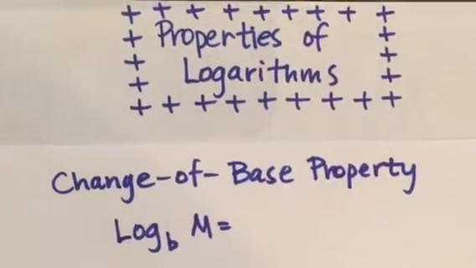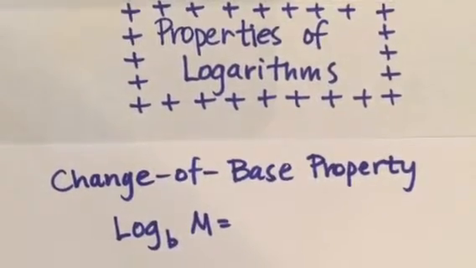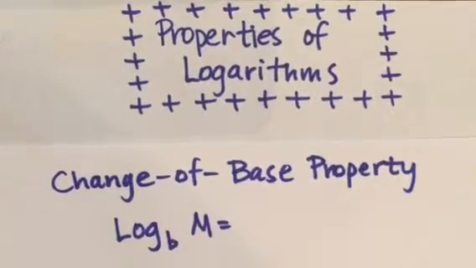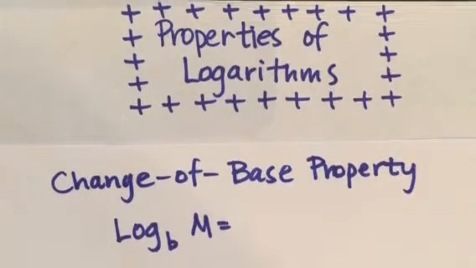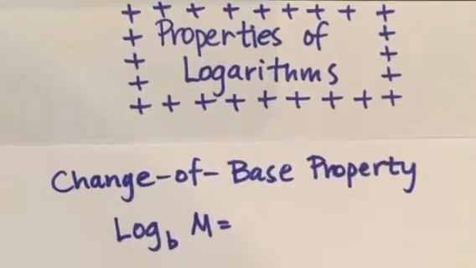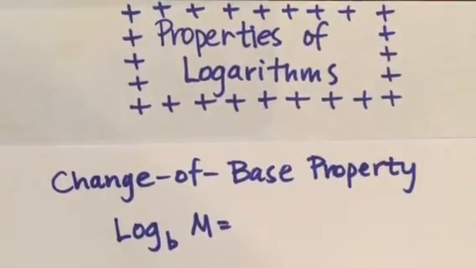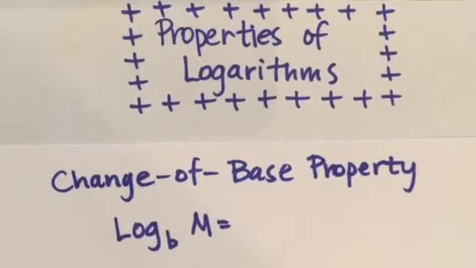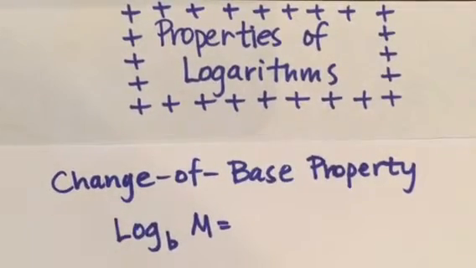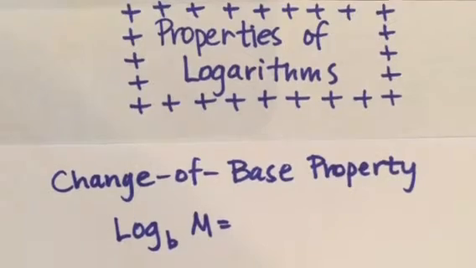All right, in this final video segment on properties of logarithms, we are focusing our attention on the change of base property. And this is a really handy property to know because many times we want to evaluate a logarithm and we would use our calculator to do this, but many of our calculators only have the capacity of evaluating logarithms with a base of e or a base of 10.